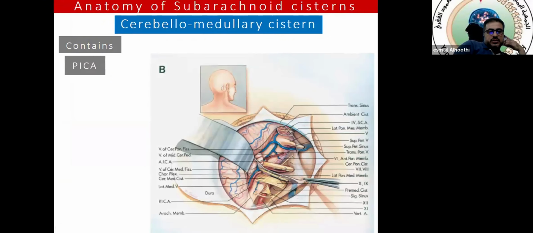Also, one of the contents of the cerebellomedullary cistern is the PICA. As it originates from the vertebral artery, it starts to branch in the cerebellomedullary cistern and goes to the cisterna magna.